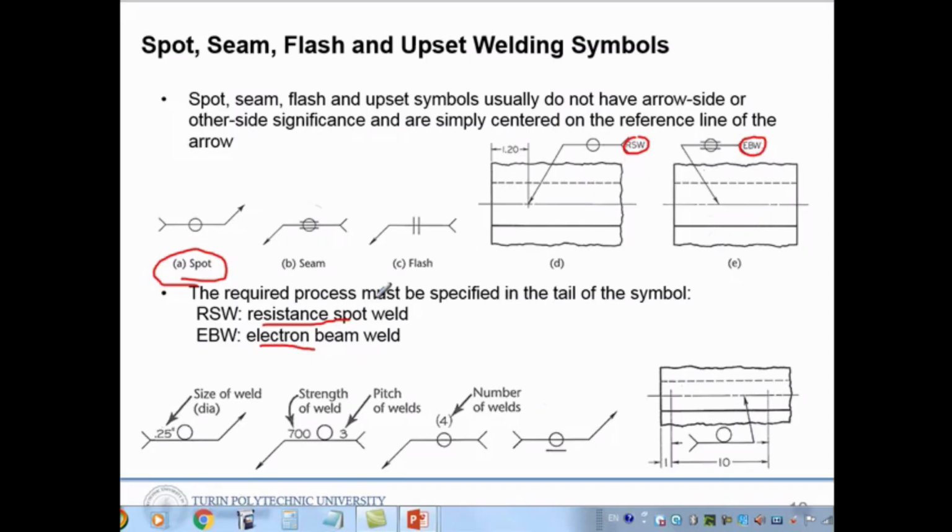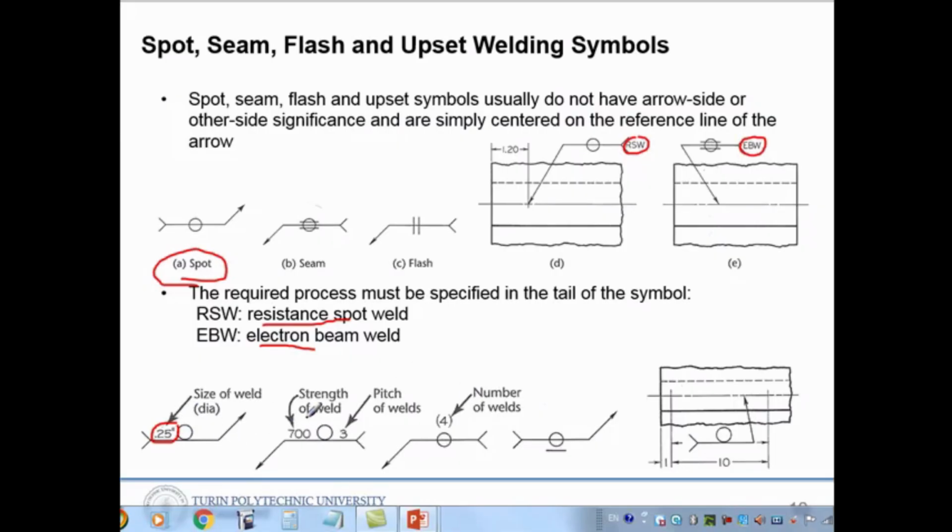So the required process of the welding should be shown on the tail of the symbol. And the size of the welding, the diameter, is shown in inches. We can show it in millimeters, you have to write it there.